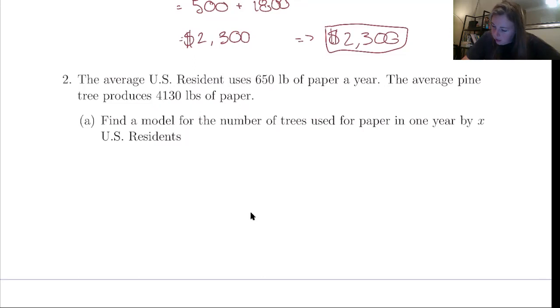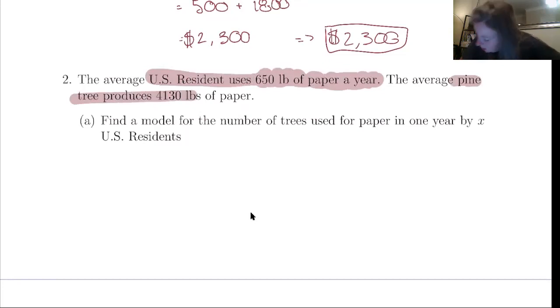Okay, let me highlight my things. I like to highlight all the numbers. Pounds of paper per year, and maybe let's attach US residents to that. And then a pine tree produces that many pounds of paper. So find a model for the number of trees used for paper in 1 year by x US residents.